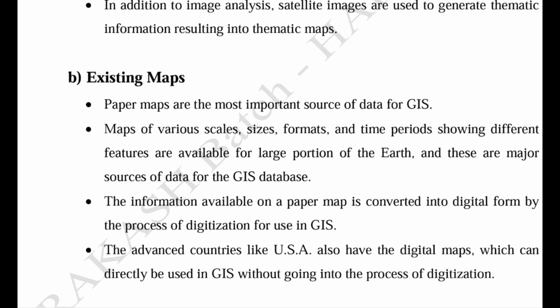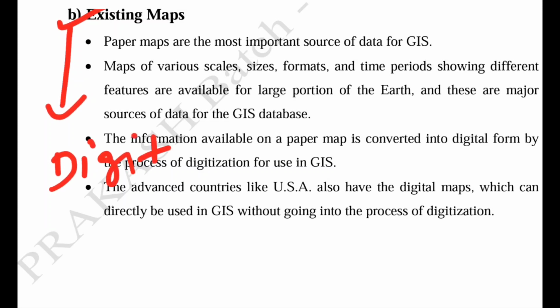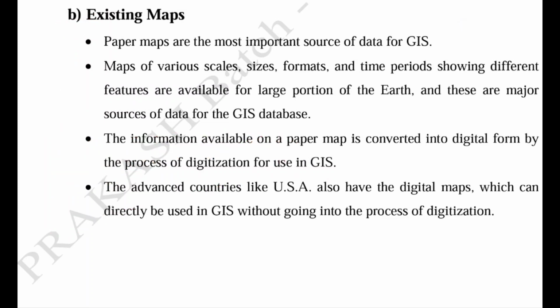Second one of data sources is we can get data from the existing maps, but this would be converted into digital format by manual digitizing or scanning. So paper maps are the most important source of data for GIS because there are many maps that are available for the use.